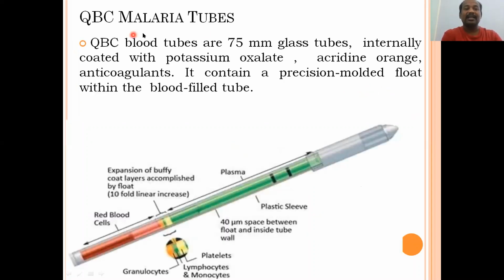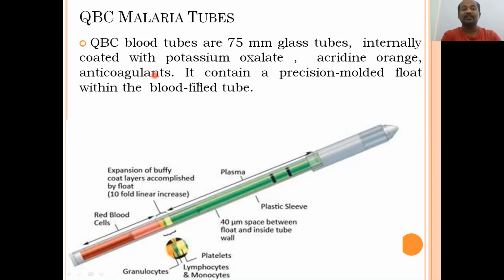This is the malarial QBC tube. This tube is 75 millimeters in length. It is internally coated with potassium oxalate, acridine orange, and anticoagulants. The anticoagulants prevent blood clotting, which maintains the fluid nature of the blood.